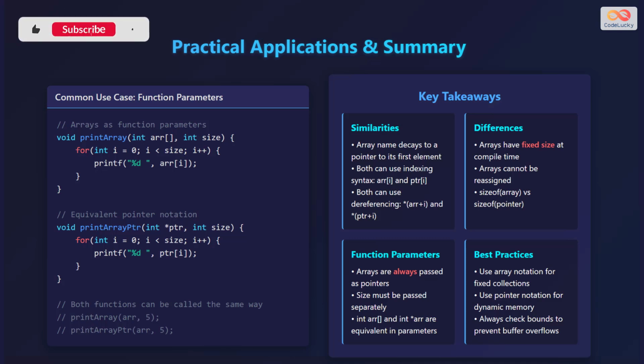However, arrays have fixed size at compile time, while pointers can be assigned different memory locations. Thus, arrays cannot be reassigned. Also, the sizeof operator behaves differently for arrays and pointers. When using arrays as function parameters, they are always passed as pointers and the size must be passed separately. Therefore, int arr[] and int *arr are equivalent in parameters.